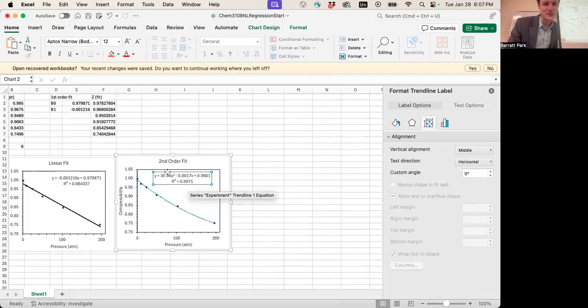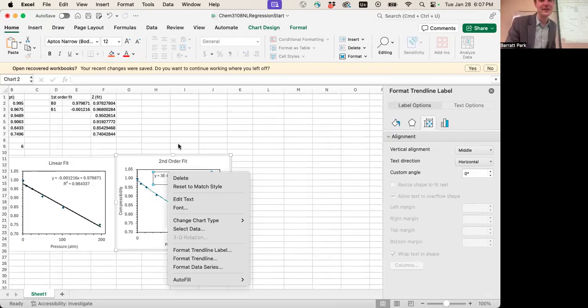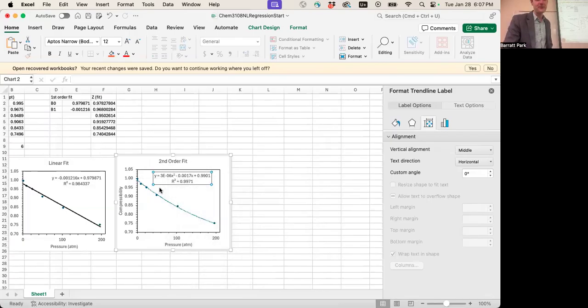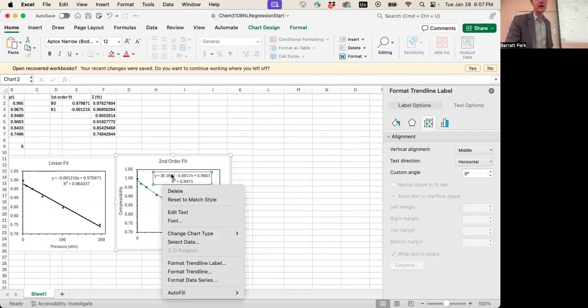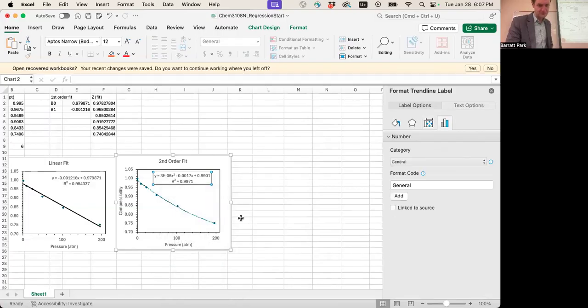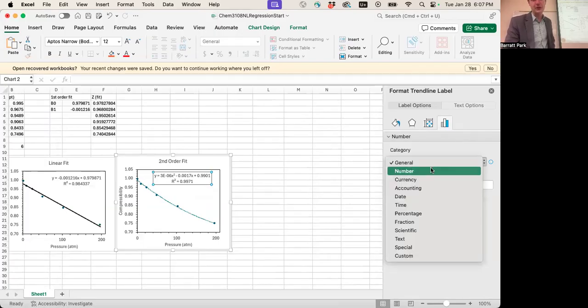So I'm also going to change the format that Excel uses to display these numbers. I'm going to left click on this box that displays the equation and go to format trend line label. That brings up this window over here, and there's a couple different options.